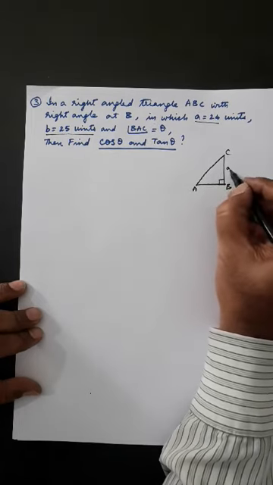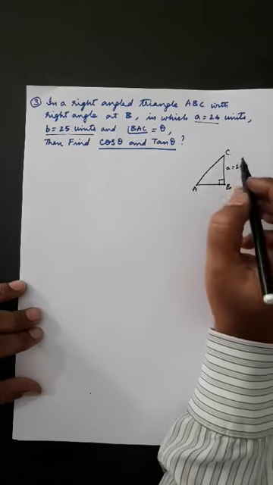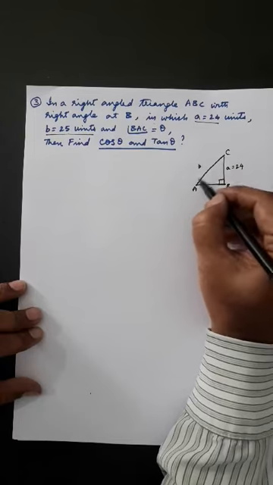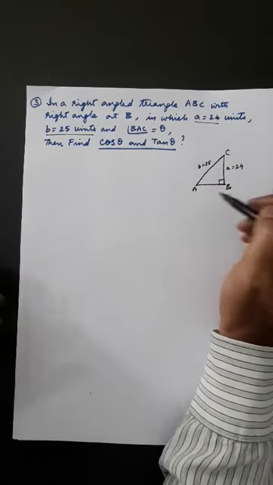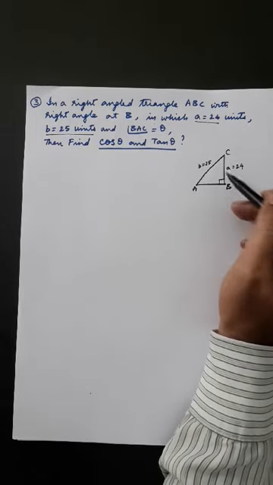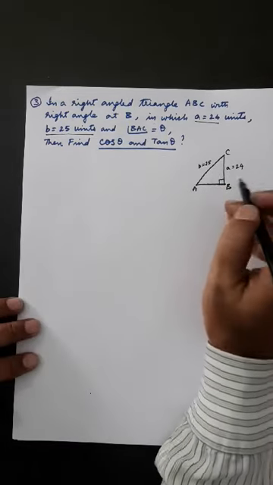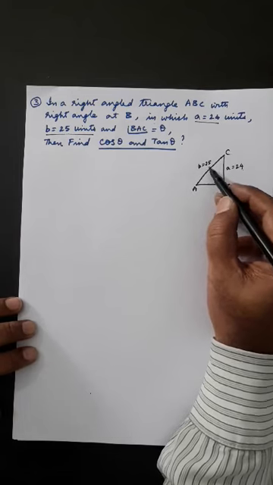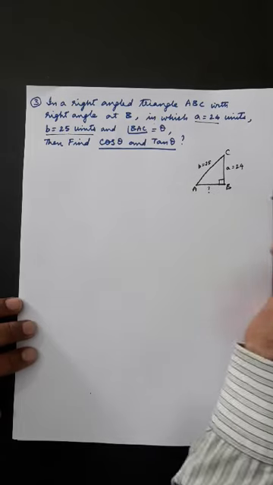This side is 24 units. Similarly, small b is opposite to B, this one. This is 25 units. So this side is 24, this side is 25. We don't know this one, so we need to find this out.